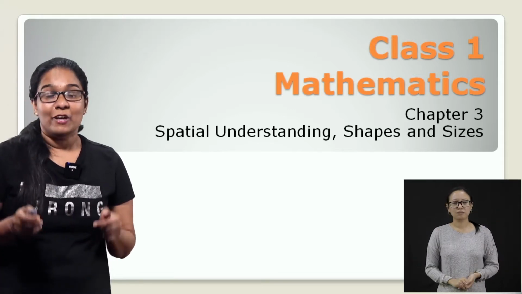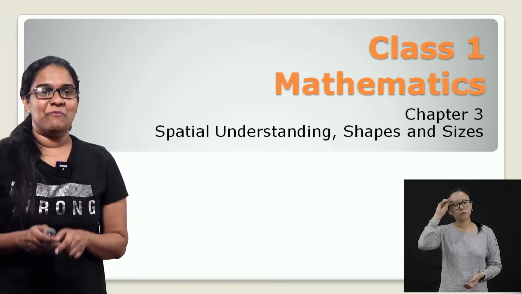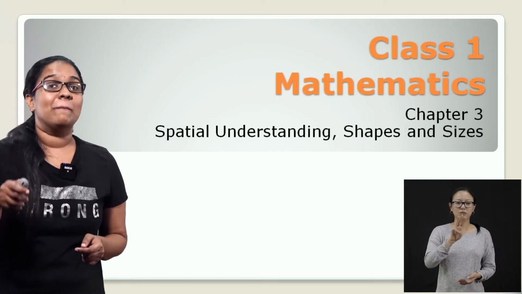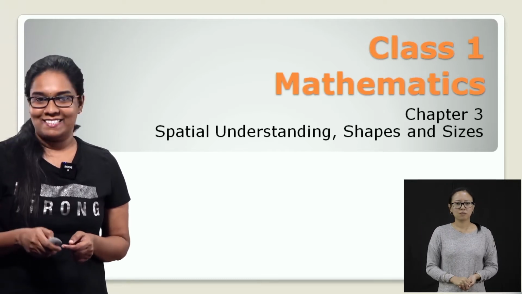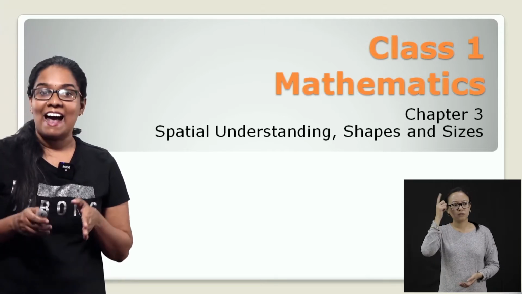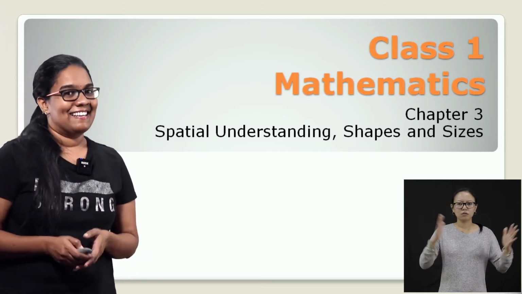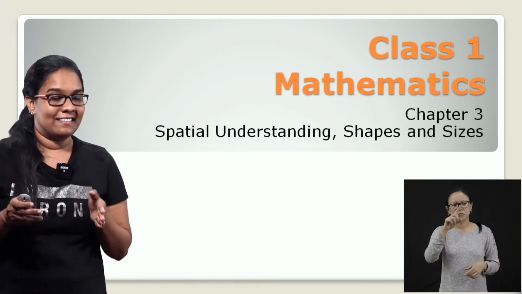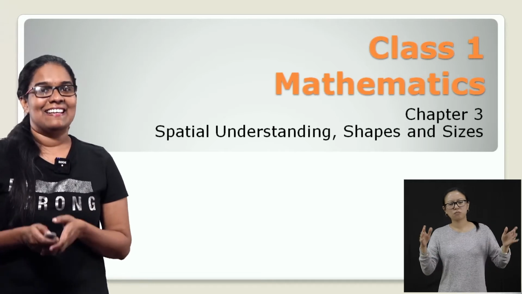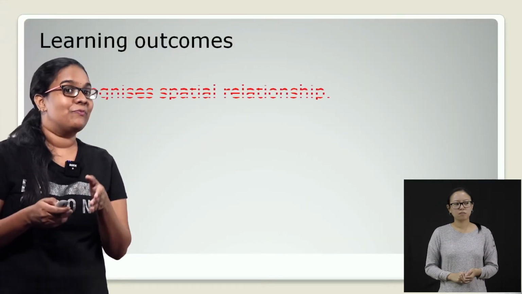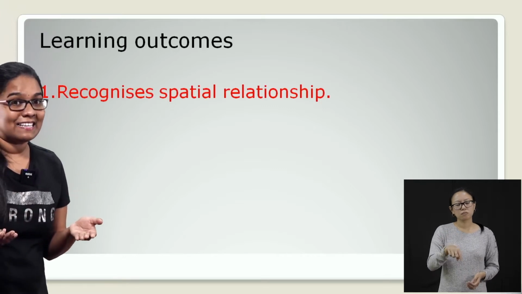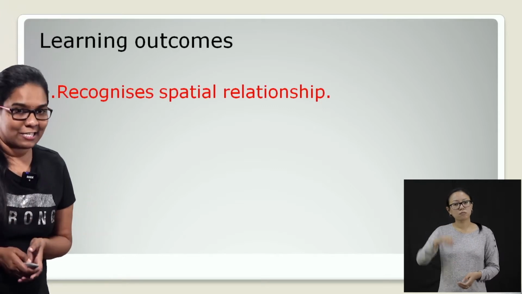Today we are going to learn a very interesting chapter, chapter number 3 in your textbook. It is Spatial Understanding, Shapes and Sizes. In this chapter, we are going to learn how to recognize a spatial relationship.